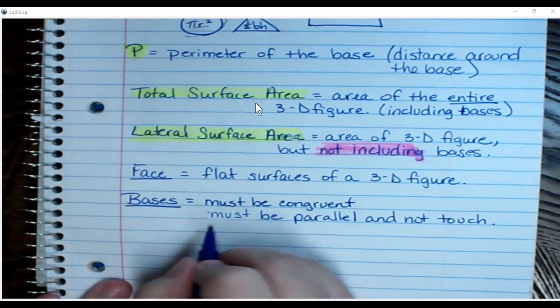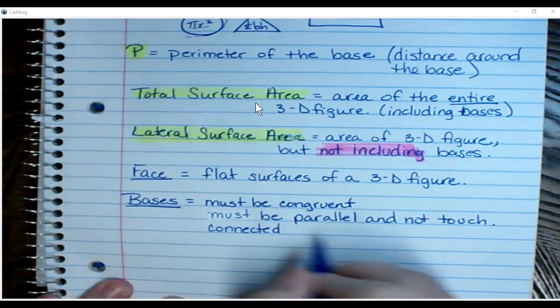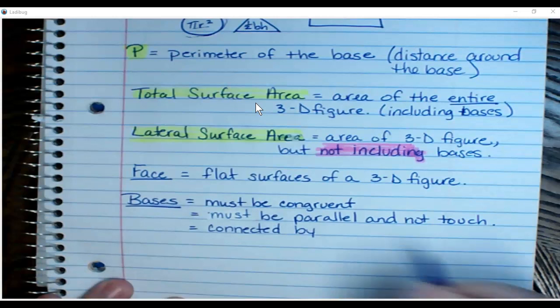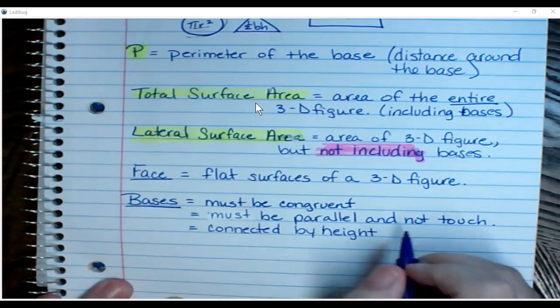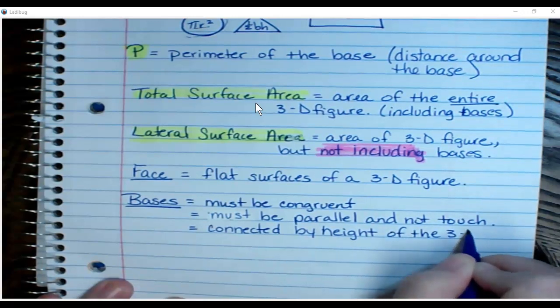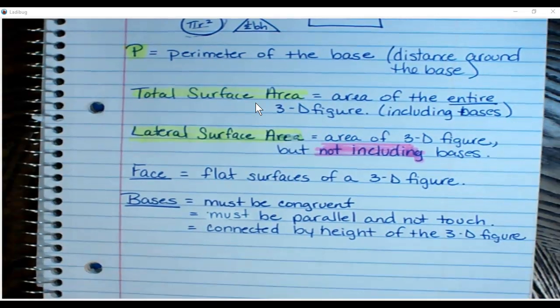Also, the two bases are connected by the height of the 3D figure. So the height is always the distance between the bases.